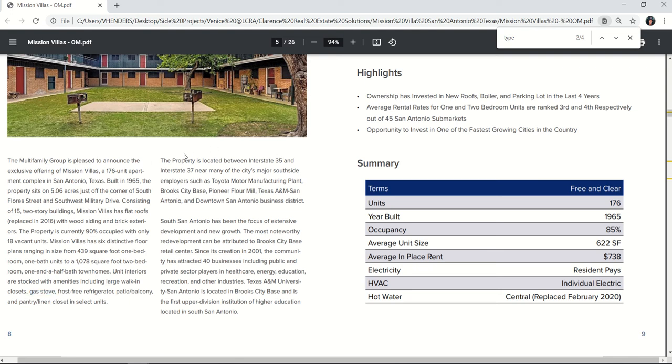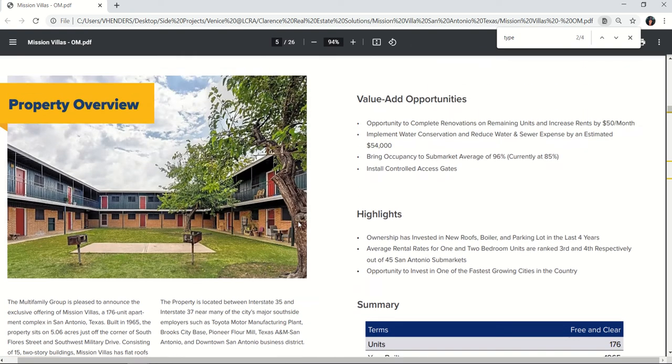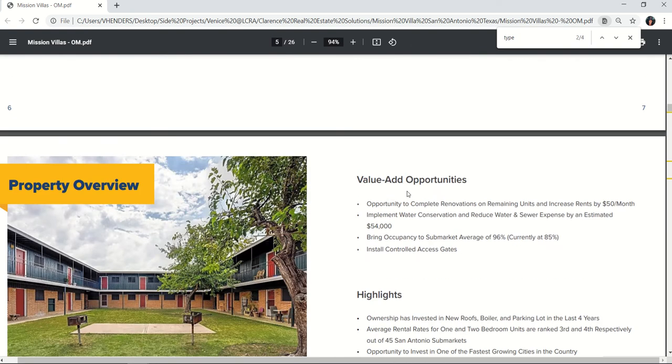All right, it talks about the location of the property. South San Antonio has been the focus of all these other good things going on. It discussed some potential value-add opportunities, like the opportunity to complete renovations on remaining units and increase rents by $50 a month.